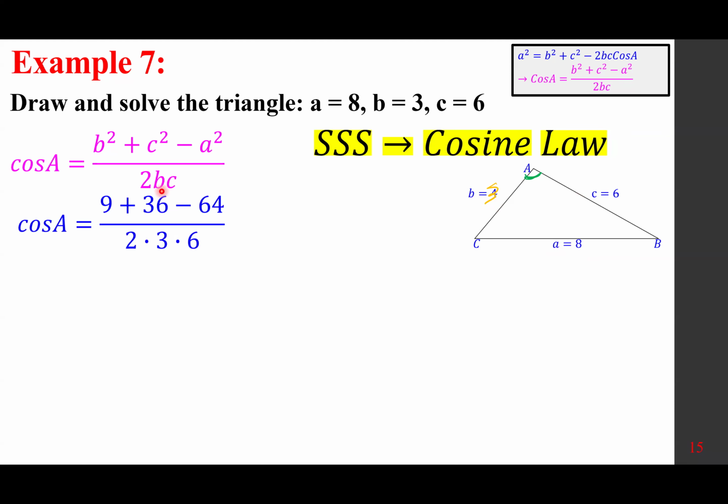I'm just plugging in. I get negative 19 over 36. A becomes cosine inverse of this number. I put it into a calculator, 121.86 degrees.